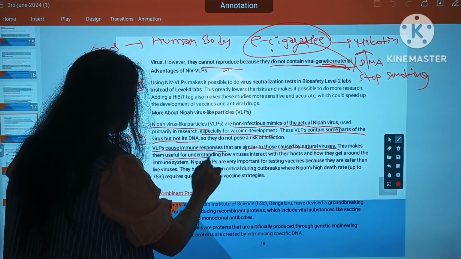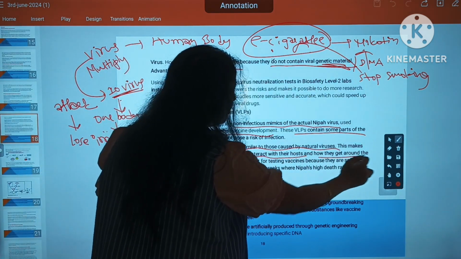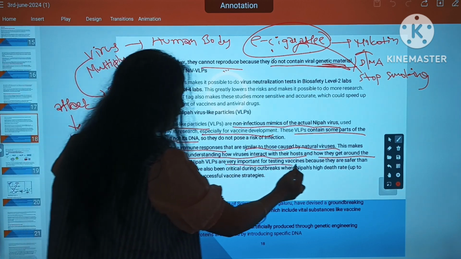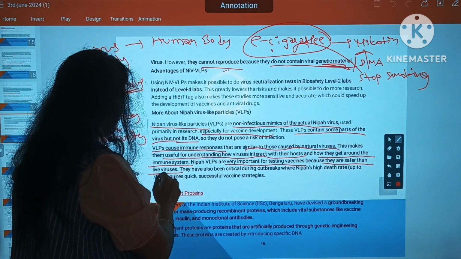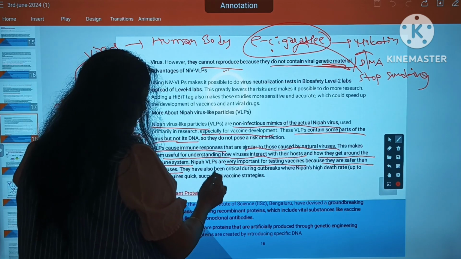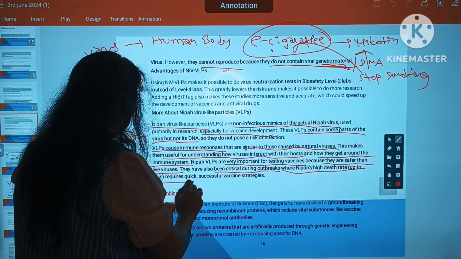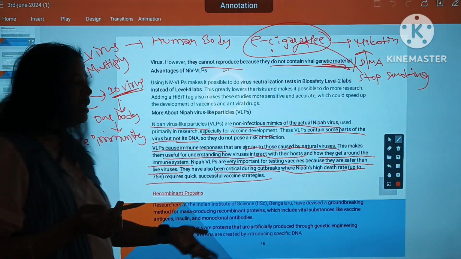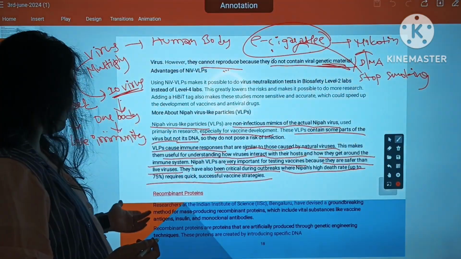This makes them useful for understanding how viruses interact with their host and how they get around the immune system. Nipah VLPs are very important for testing vaccines because they are safer than live viruses. They are critical during outbreaks where Nipah's high death rate of 75% requires quick, successful vaccine strategies. Whatever I told, that is written here too.